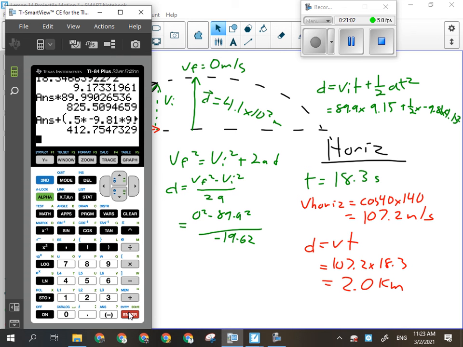So I get exactly the same number, still 412 meters. I just have to remember that I have to divide the time by 2. So there's more than one way to find your maximum height. I just find people mess that up because they forget to divide the time by 2. They're less likely to screw it up with the VF squared formula because they don't have to worry about time.